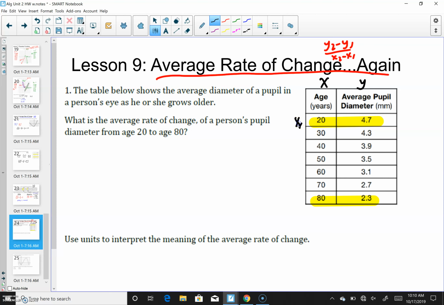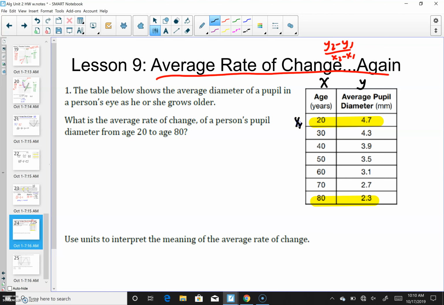So we want to use units to interpret the meaning of this average rate of change. Well, if we go back, our y was our millimeters and our x's were our years. Since our average rate of change is negative, we're going to say that the average pupil decreases by 0.04 millimeters per year.